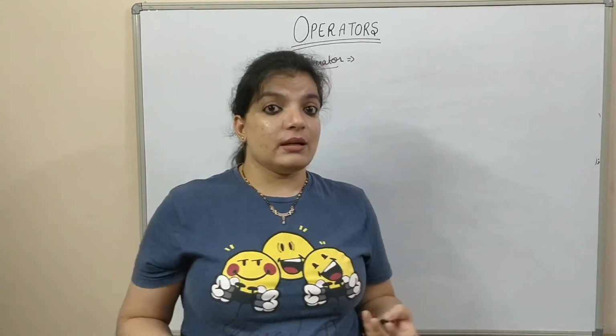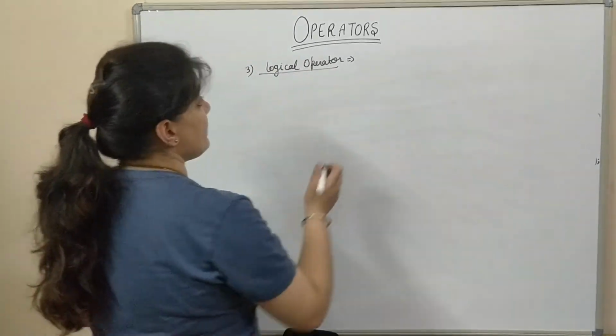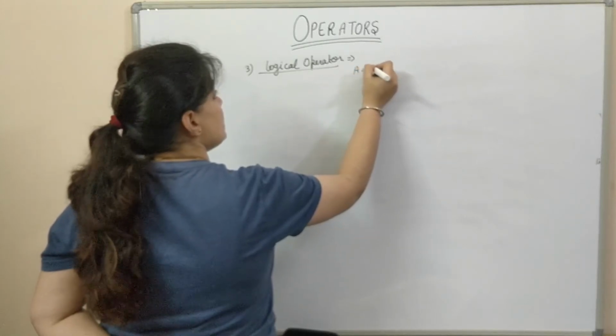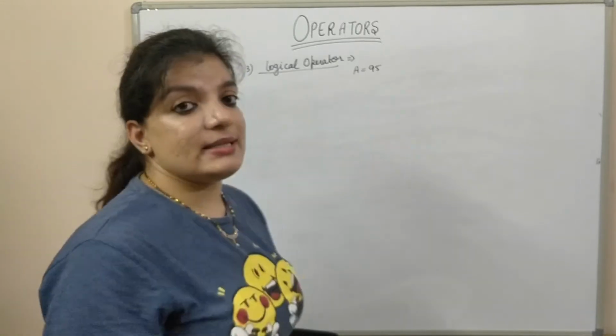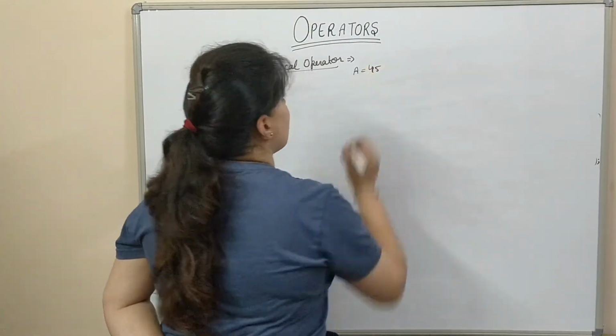Consider this example. Here I have A equal to 95, meaning the marks of a student. I'm taking here 45.